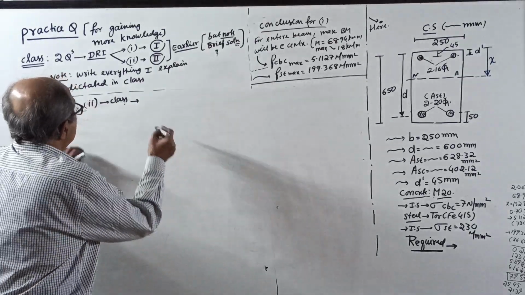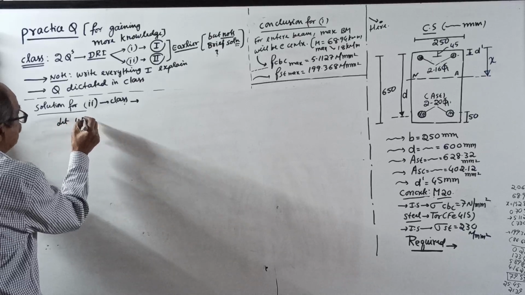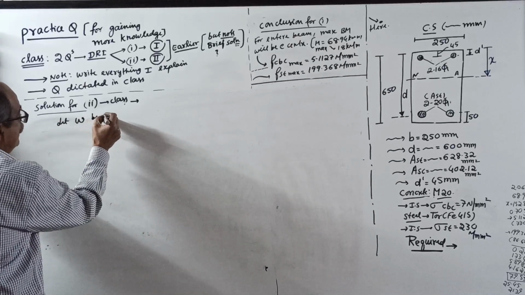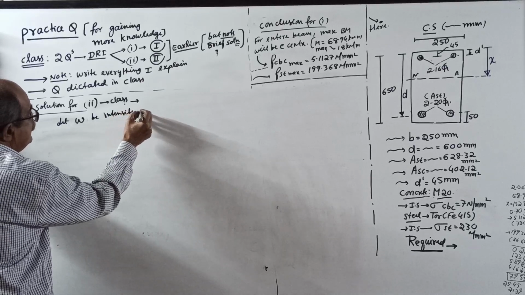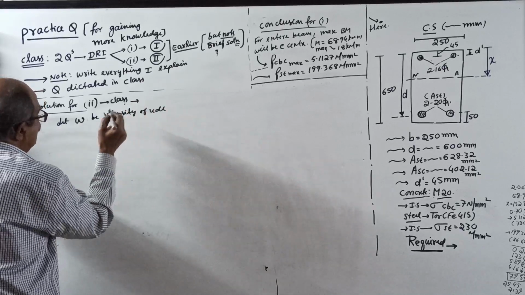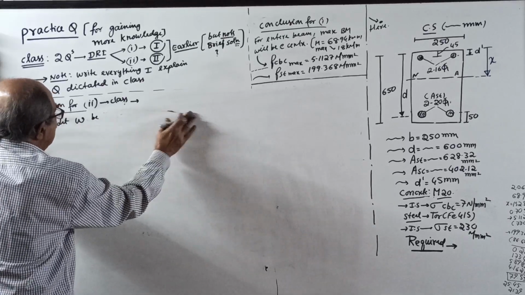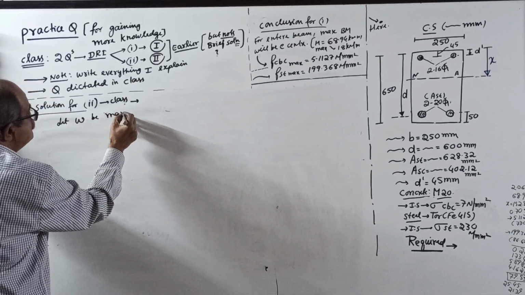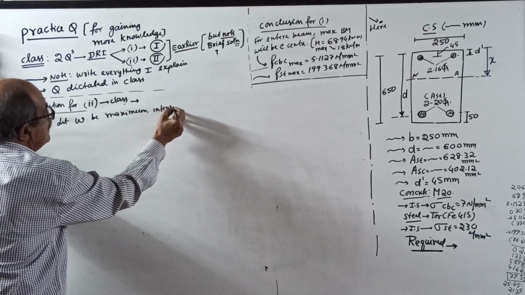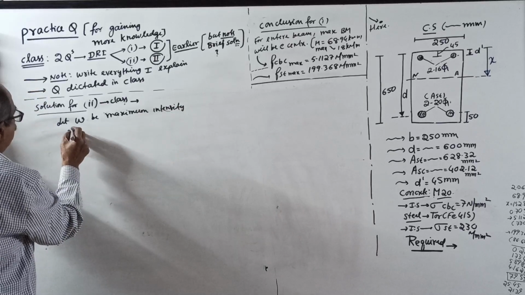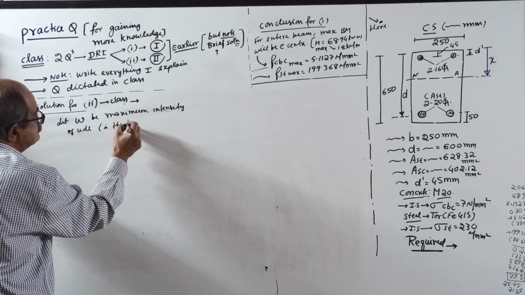Okay, now some more side here. Let once again W be intensity of UDL, or like right here, let W be maximum intensity of UDL, that is, the beam can support.